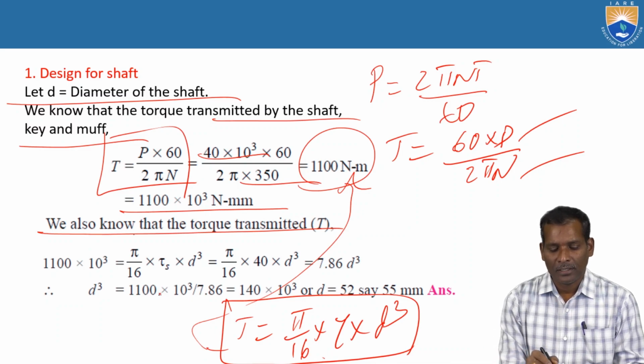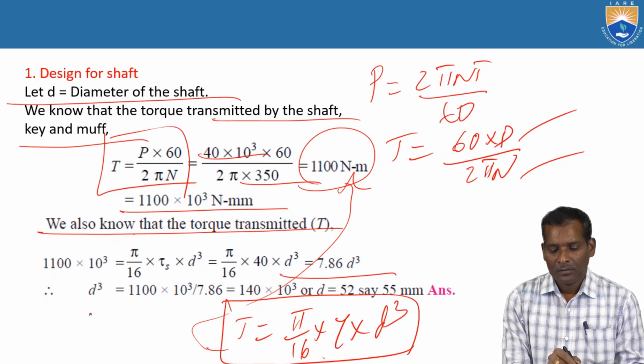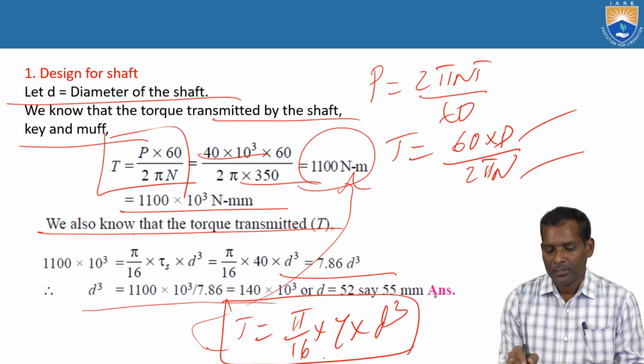After calculation, substituting 1100 Newton mm, we get 7.86 d cube.